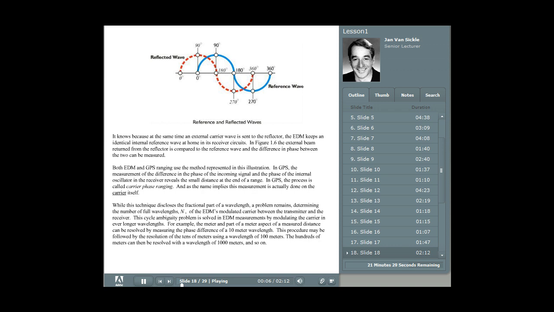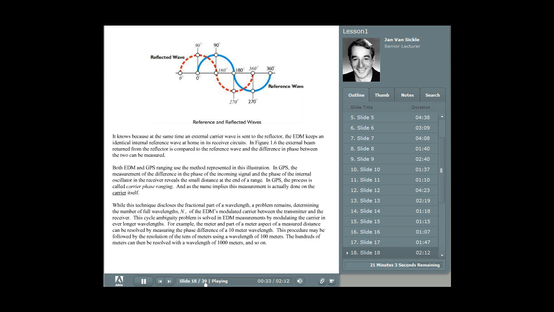Here is that comparison, the reference wave in blue with the reflected wave with the dashed red line. Now, as in the previous slide, the reflected wave came back out of phase by 1/4 of a wavelength. Now with an EDM, as it says down here at the bottom, we can actually send out wavelengths of varying length.